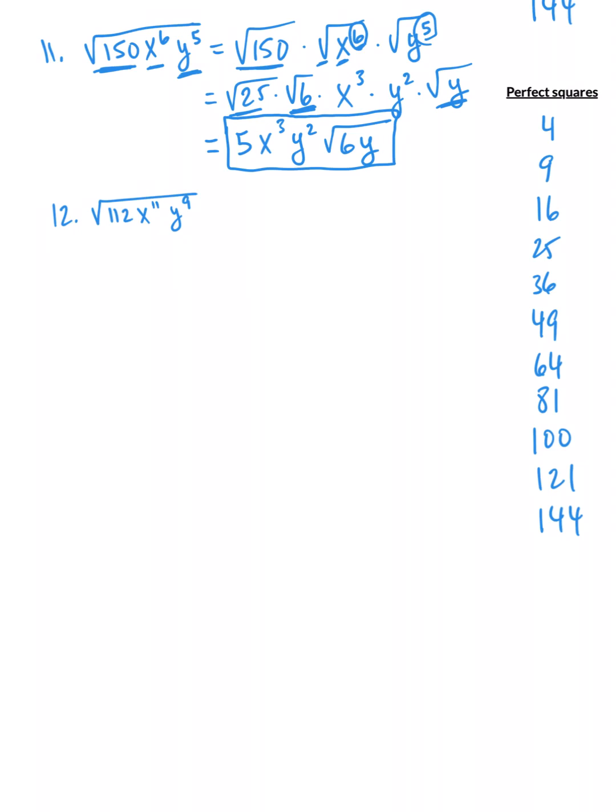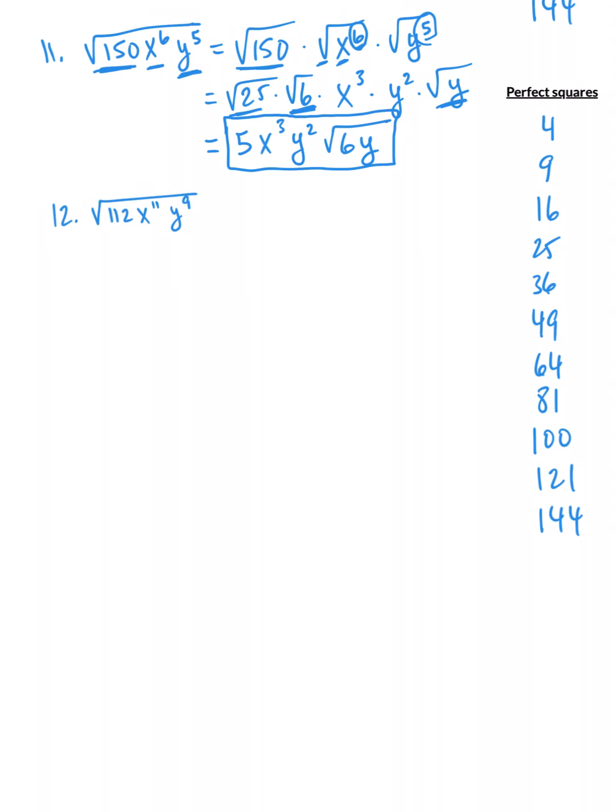So what is the biggest perfect square that goes into 112? You know that 112 is an even number, so if you have a calculator, you could try to maybe divide it by 36 or 16 or 4 or 2.